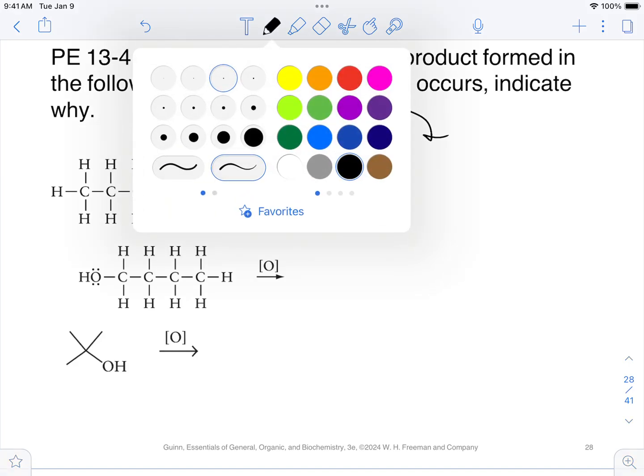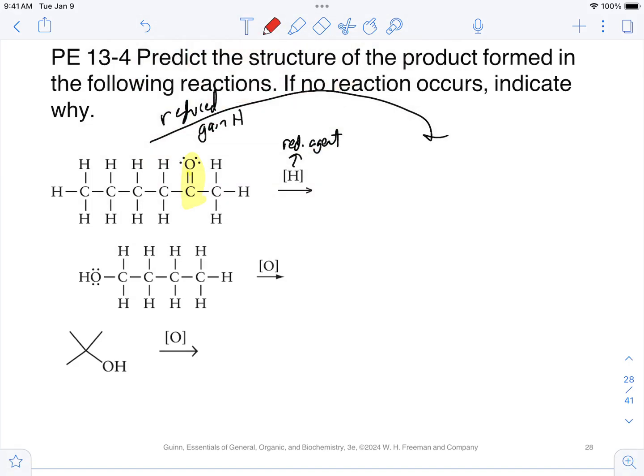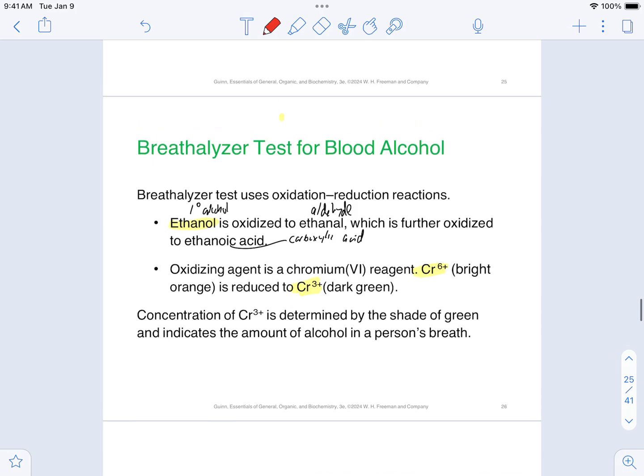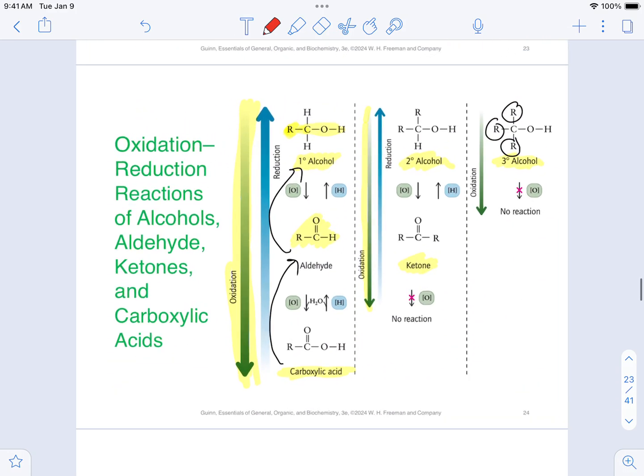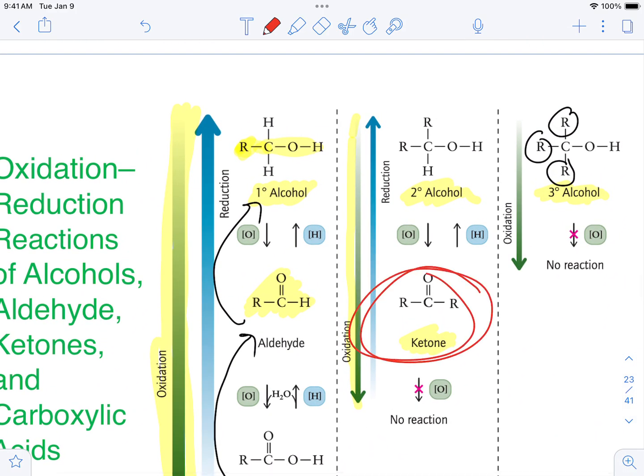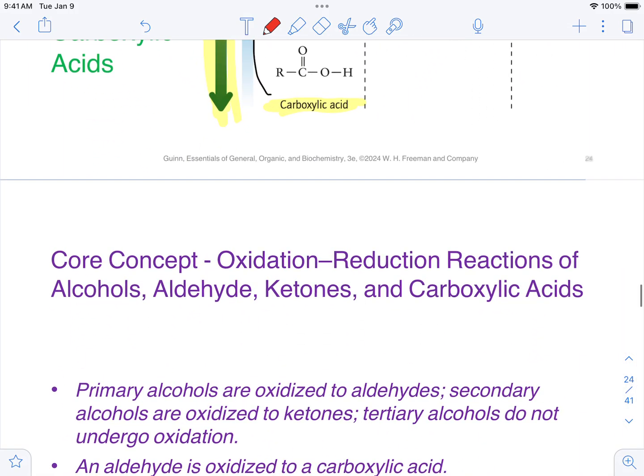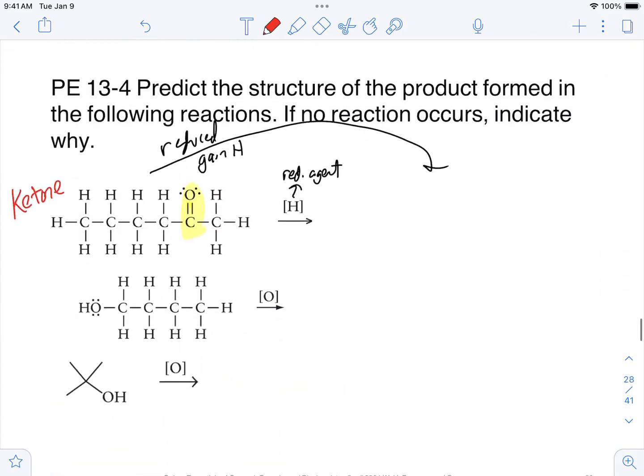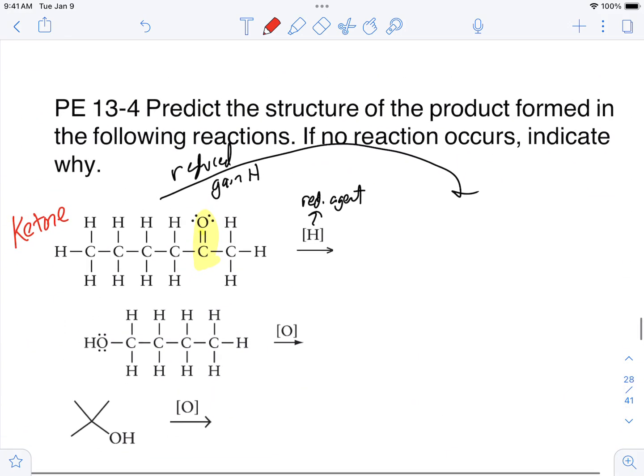If you notice, this current structure is a ketone. It's O double bond C to 2 R groups. A ketone will be reduced to a secondary alcohol. And if you look here, a ketone moving up will be reduced to a secondary alcohol. So it is going to gain an H there.